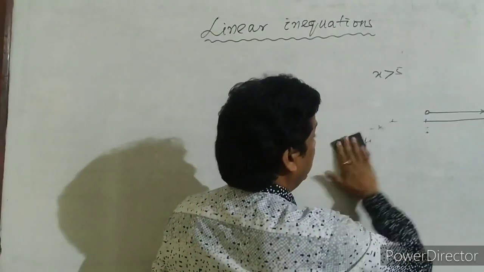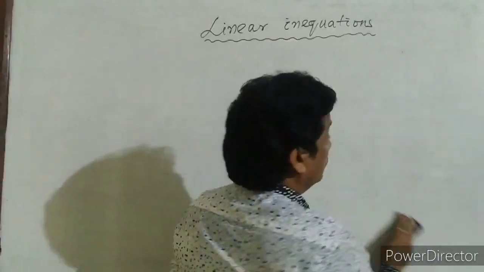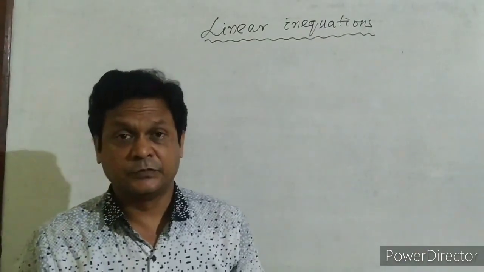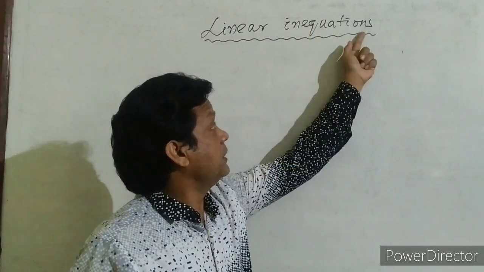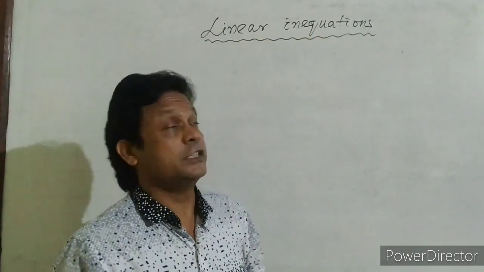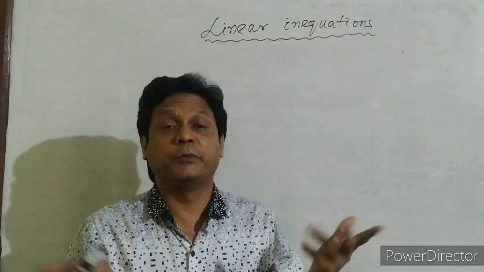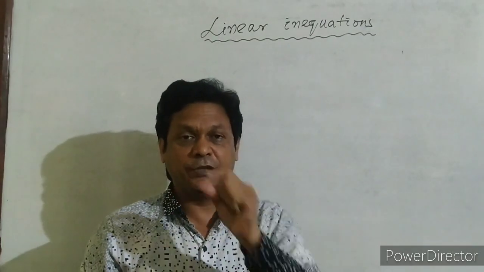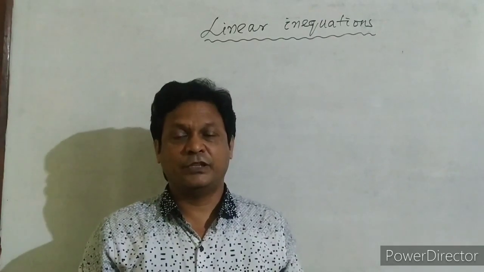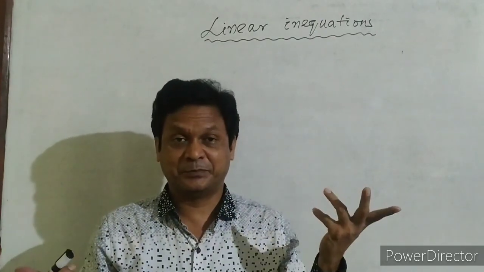Okay. And what is the meaning of equation and inequation? Who can tell me? See here. Actually, an equation is simply a common property. One example I am giving you: the equation of the x-axis is y equal to 0. Why?